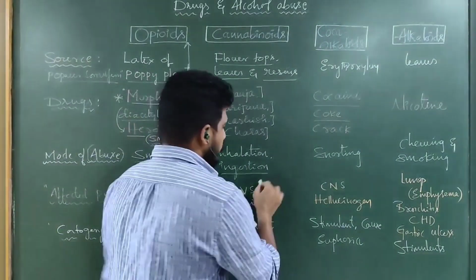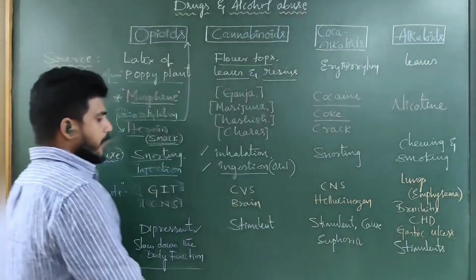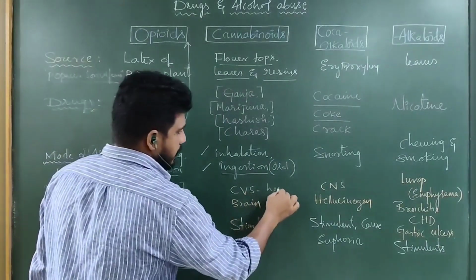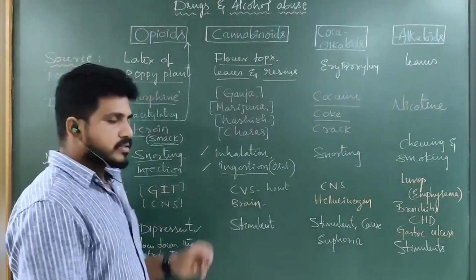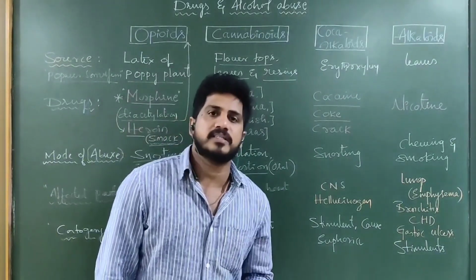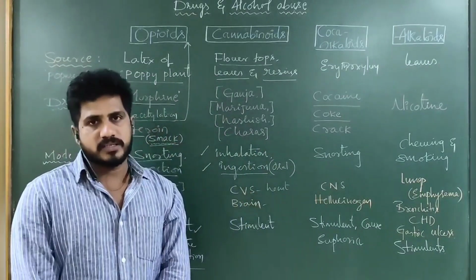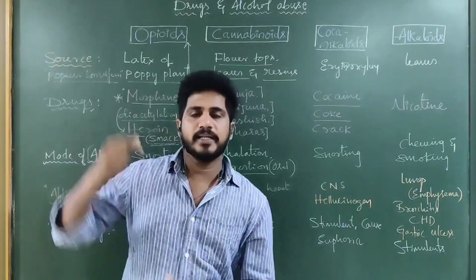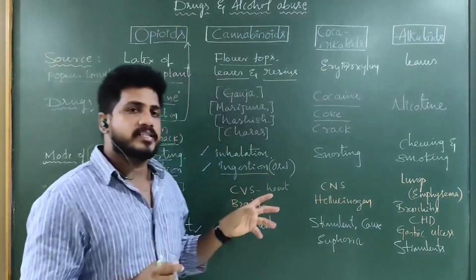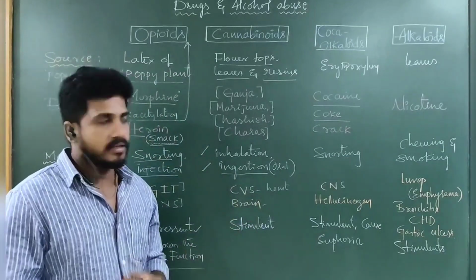Ingestion means oral administration. Mainly the cardiovascular system, heart, and the nervous system, mainly brain, are affected. These two are the effective parts. Why? Because these two have cannabinoid receptors. Just as opioid receptors are bound by the opioid drugs, cannabinoid receptors are present in the cardiovascular system and the brain.